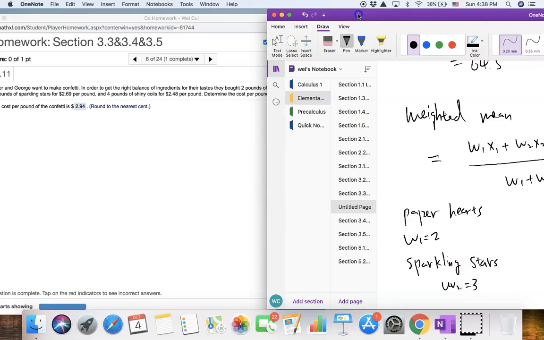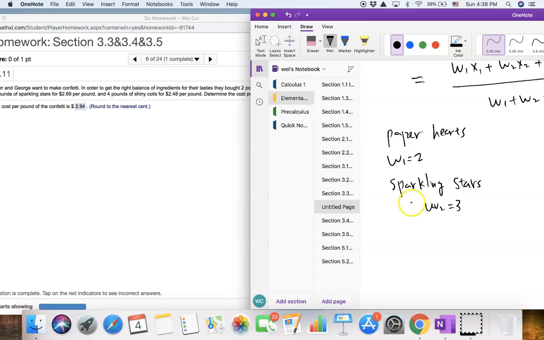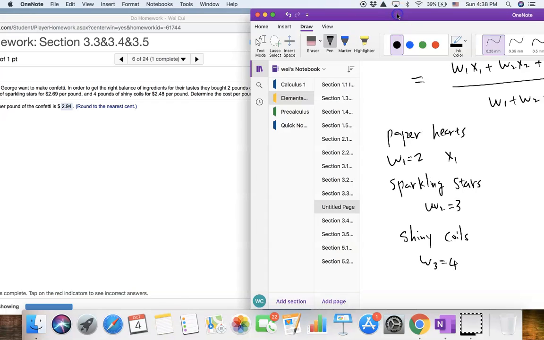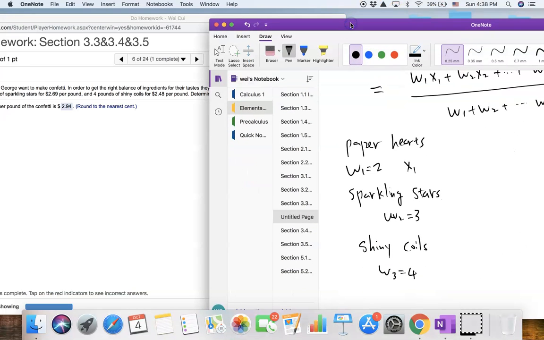And for the shiny coils, the weight is 4. And the price for each item, they are the data, they are the x values. So x1 equals 4.25, x2 equals 2.69, and x3 equals 2.48.